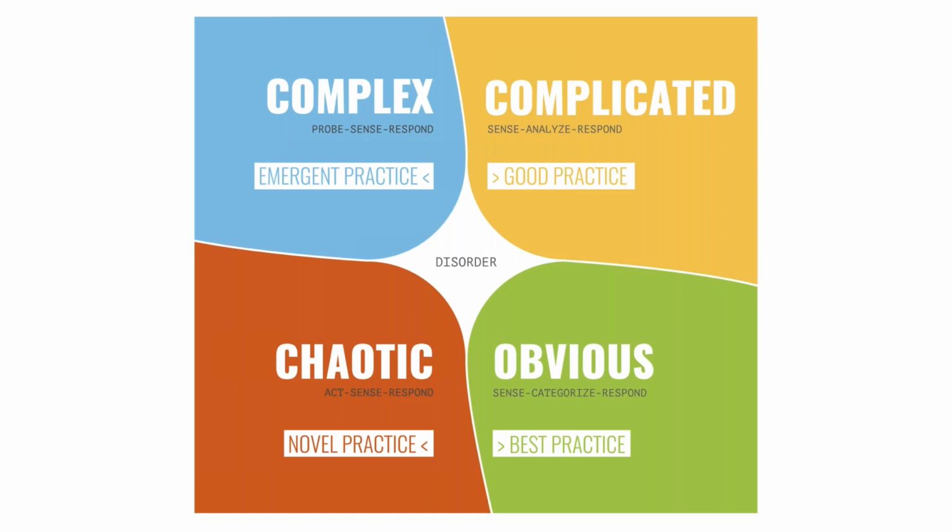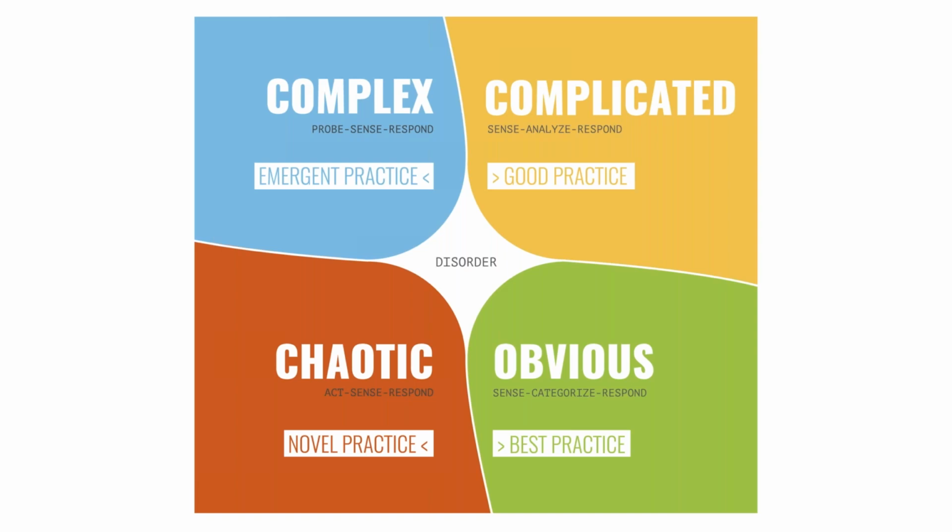What I can do is sense, collect data, analyze data, and then respond. We don't have best practices here, we have good practices. It's complicated, but still we can manage the ecosystem and understand the cause-effect relationship.